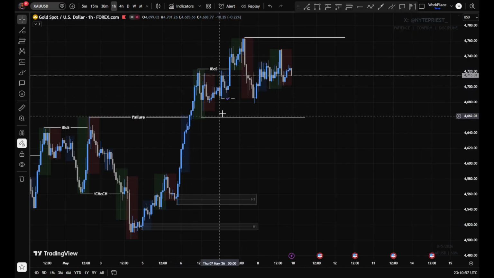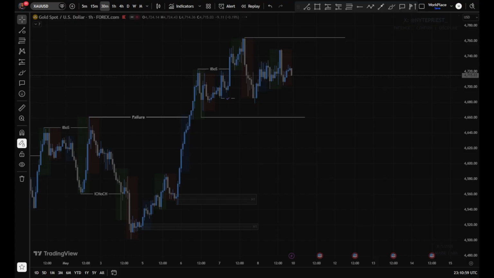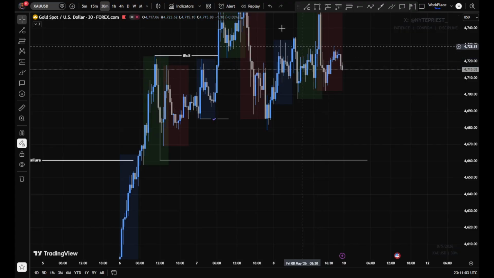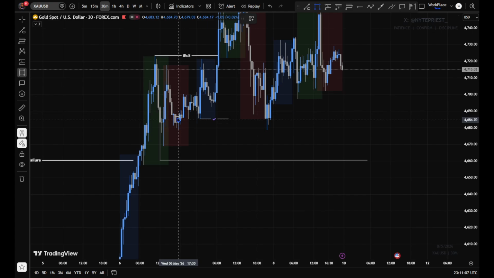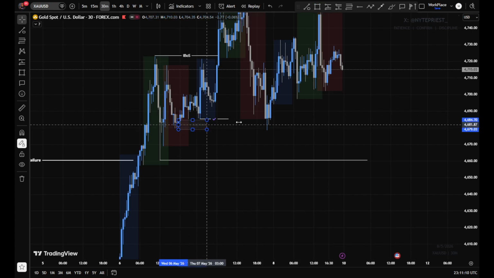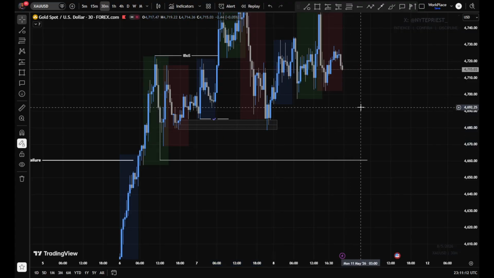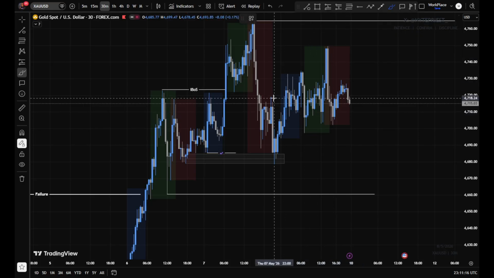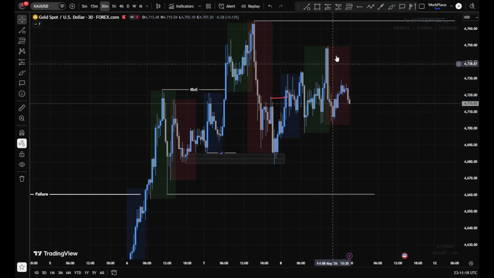Okay. So on a 30 minutes time frame, let's see. On a 30 minutes time frame, price swept this low, mitigated this 30 minutes supply zone, gave an internal break to the upside.